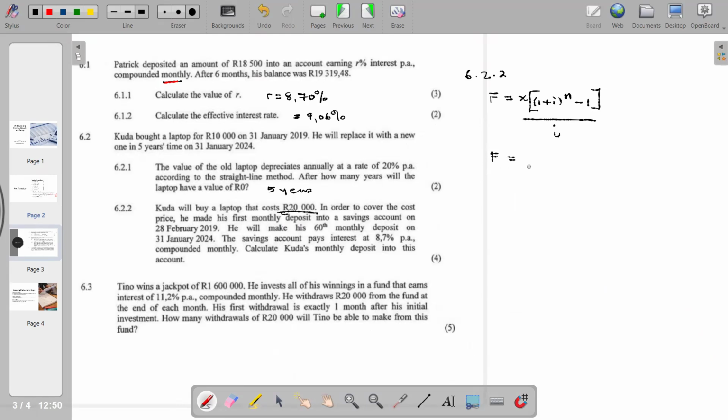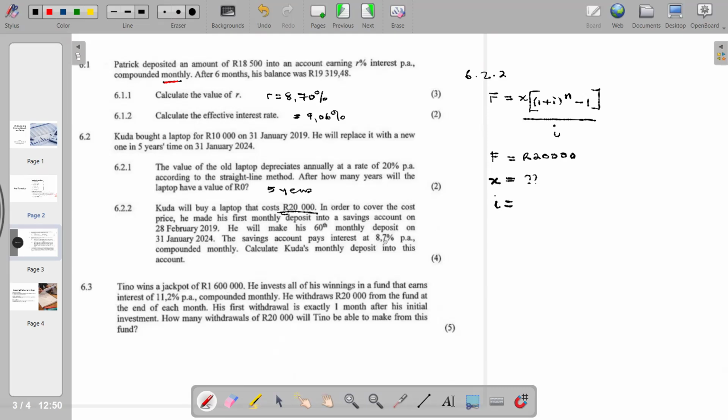You are told that the laptop will cost 20,000. So this becomes your F. Then x there represents the monthly deposit into your savings account, but this one we don't know. Then we have our i there. If you check our i, we are told it's 8.7% per annum.